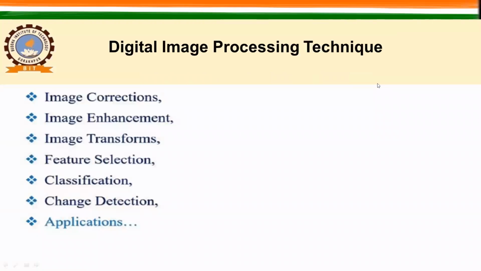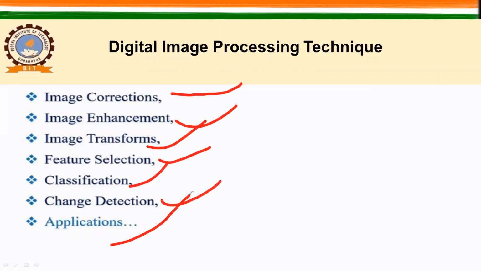These are basically the elements of digital image processing techniques: image correction, image enhancement, image transformation, feature selection, classification, change detection, and then their applications. And why do we do all those things? Because we want to apply or use these images in our application, right?